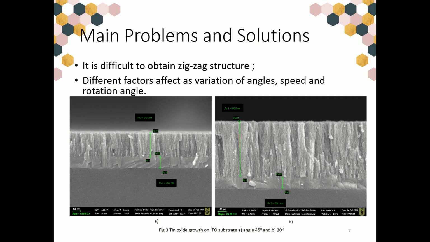And I looked at images from scanning electron microscopy, which helped me to analyze the structure. The structure looks like graded density. In Figure 3, there is an image from scanning electron microscopy, with A at angle 45 degrees and B at 20 degrees.